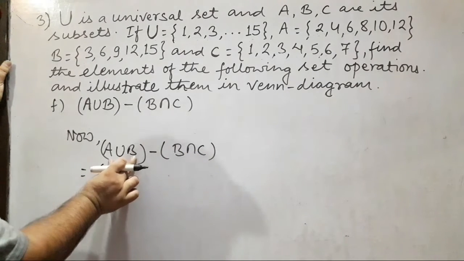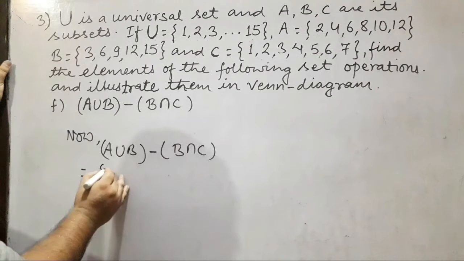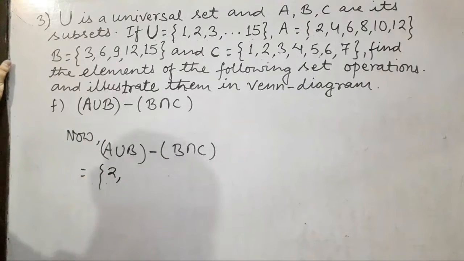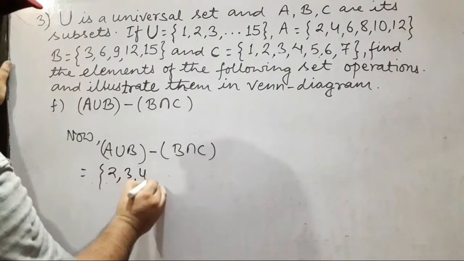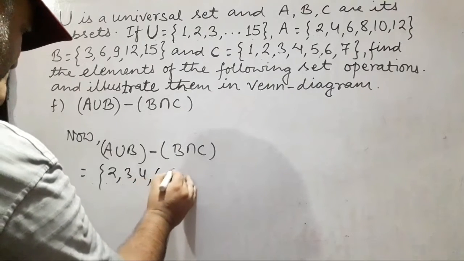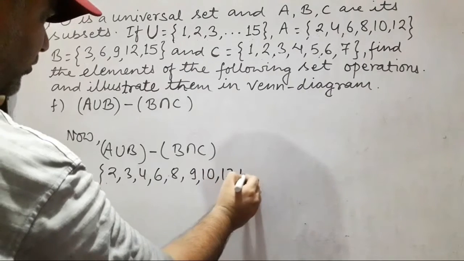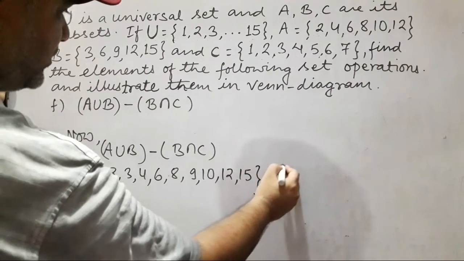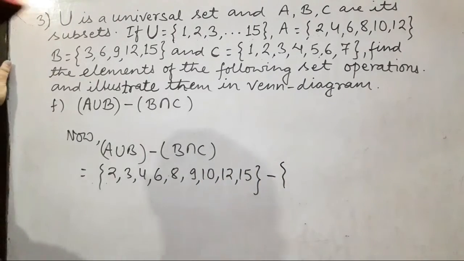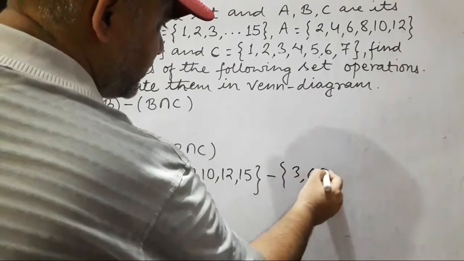So what are the elements we got from A union B? 2, 3, 4, 6, 8, 9, 10, 12, 15, minus. And from B intersection C, we got 3, 6.